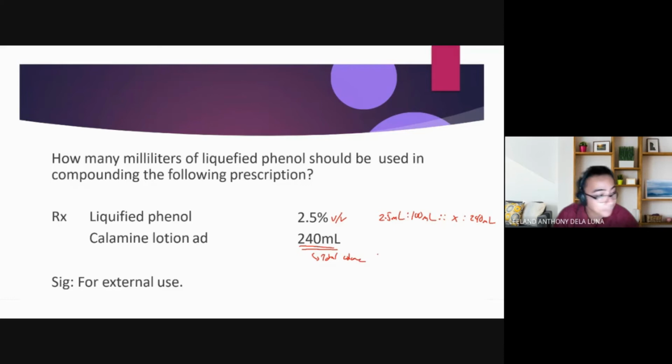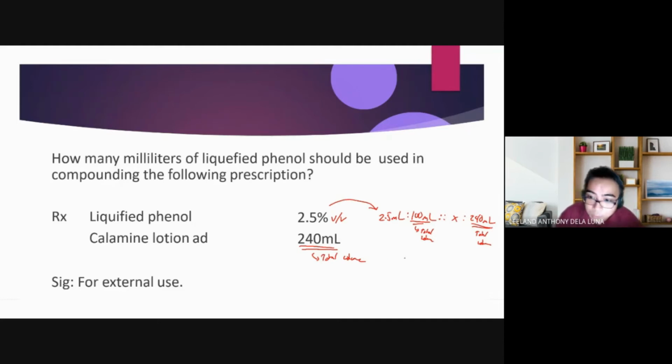So, obviously, di ba sa 2.5%, ito yan. This is total volume. So again, this is also total volume. Okay? Ang order sa akin kasi is kailangan gumawa ng calamine lotion na 240 ml ang total volume, pero ang kanyang concentration should be 2.5% phenol.